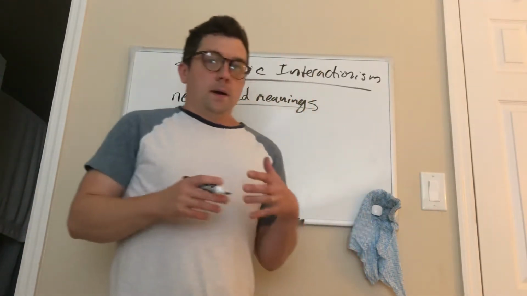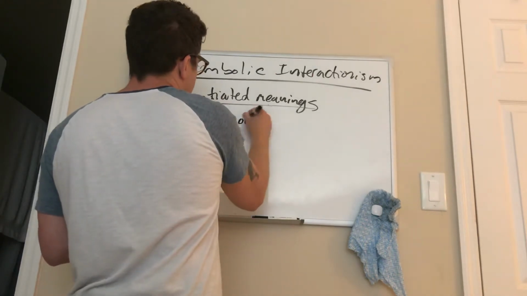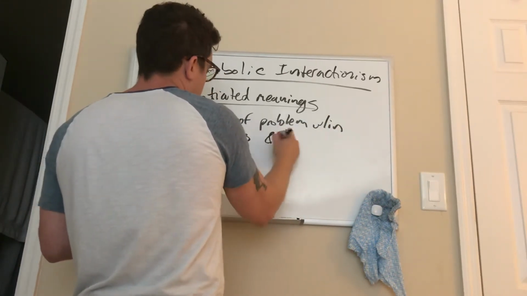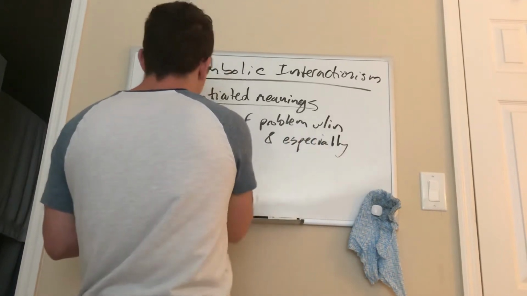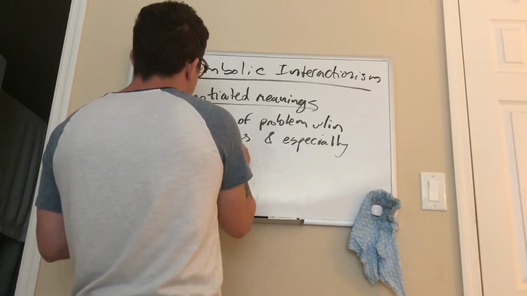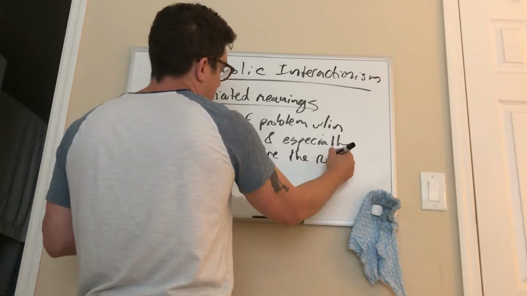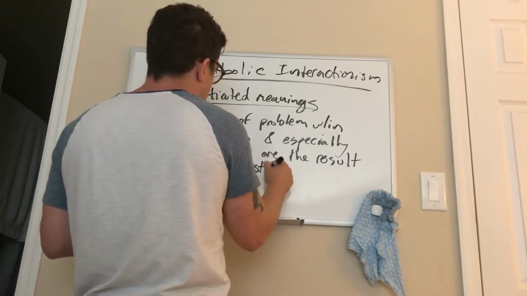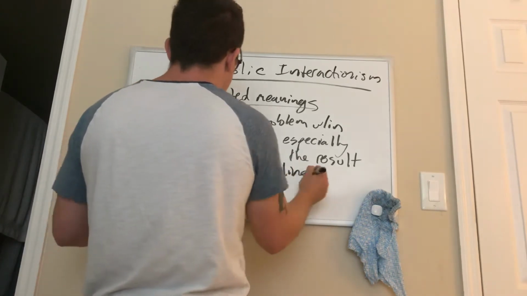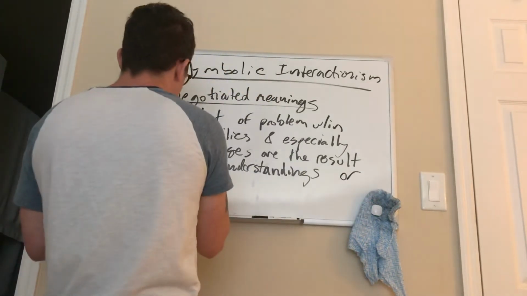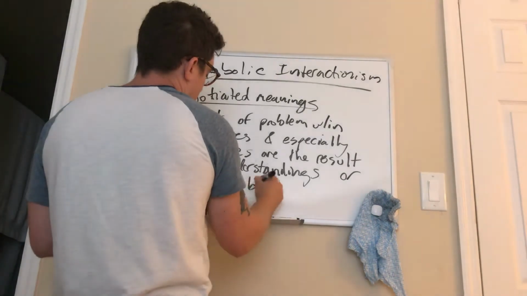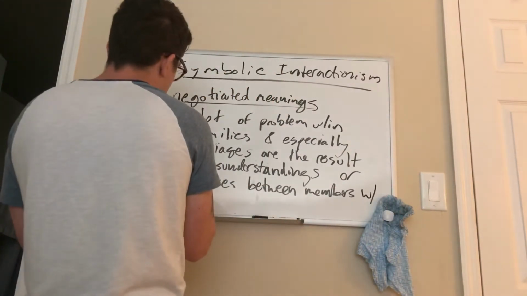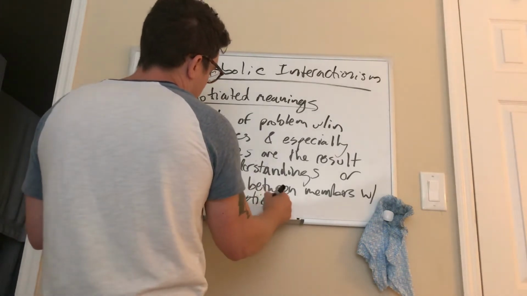And what this means is that a lot of problems within, right, at the micro level within families, and this is especially true of marriages, are the result of misunderstandings, or you could say differences between family members with respect to things like perceptions, right?